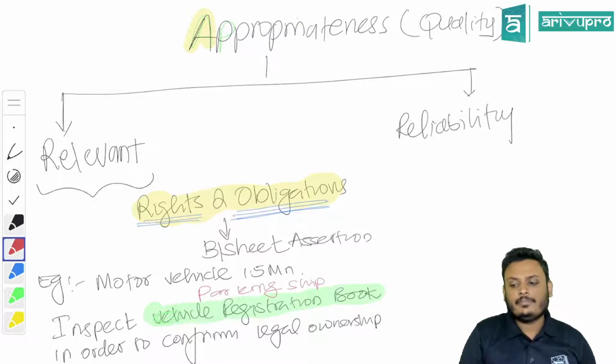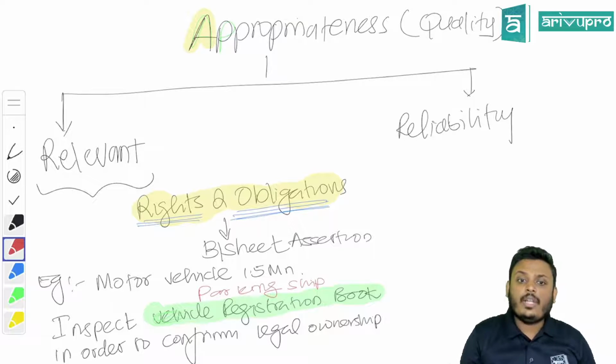a parking slip. Are you able to verify rights and obligations by inspecting a parking slip? If you take a parking slip, through that you are unable to verify the ownership.